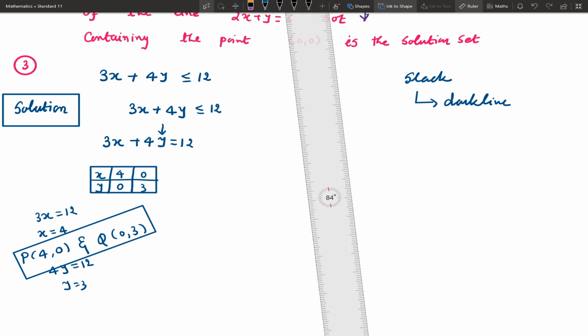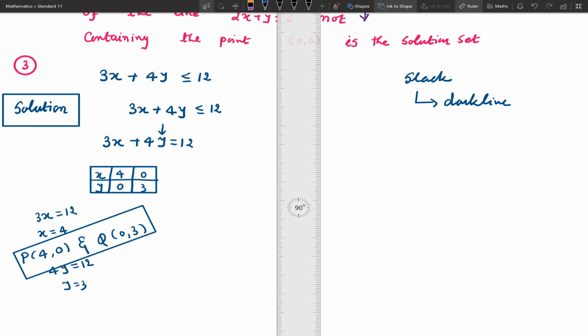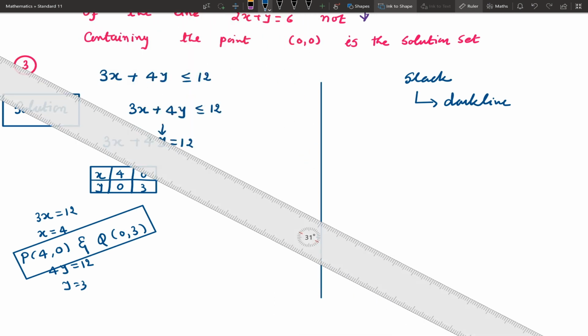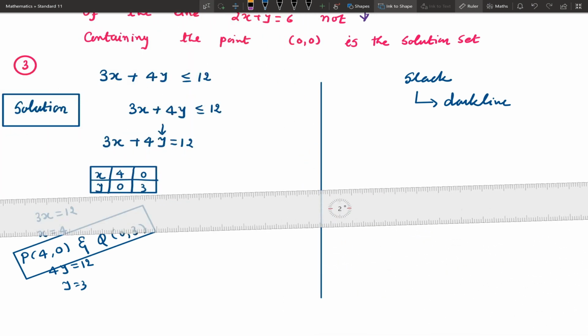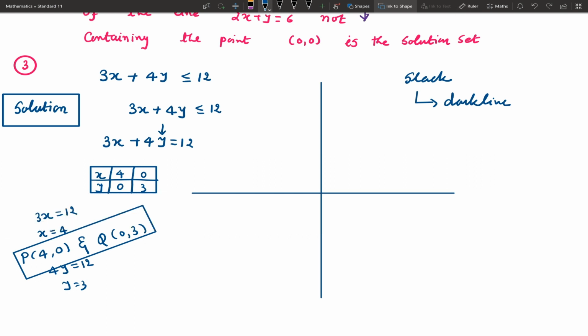Now a rough sketch of the line. This is the x-axis, y-axis.